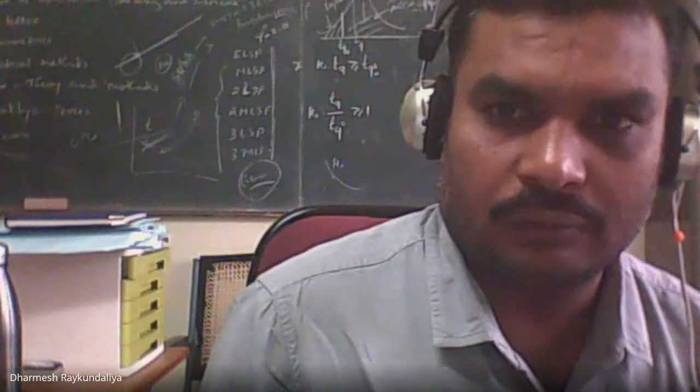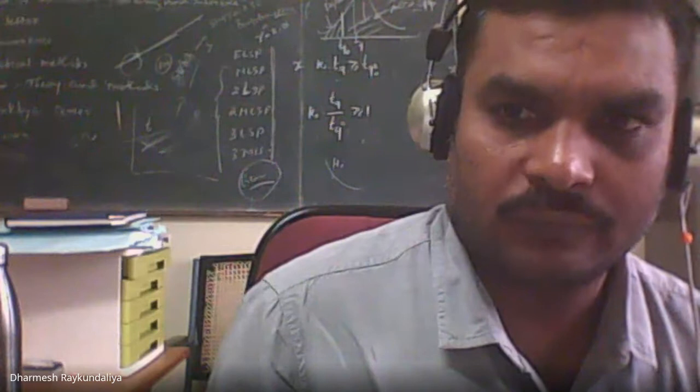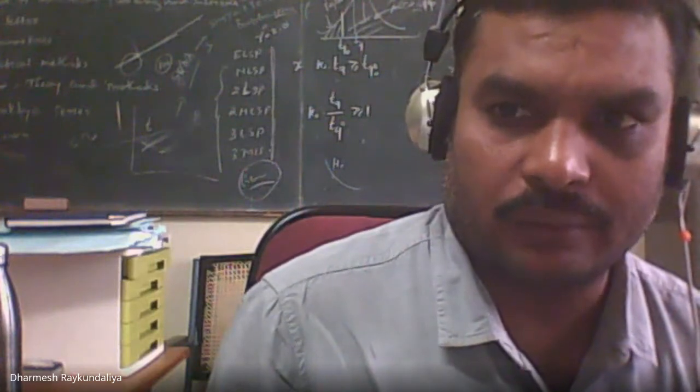Sigma 2 1 is the covariance between x2 and x1.